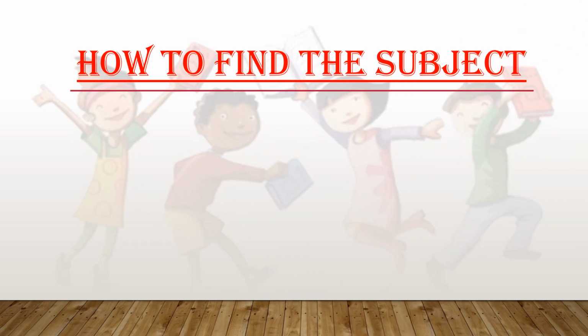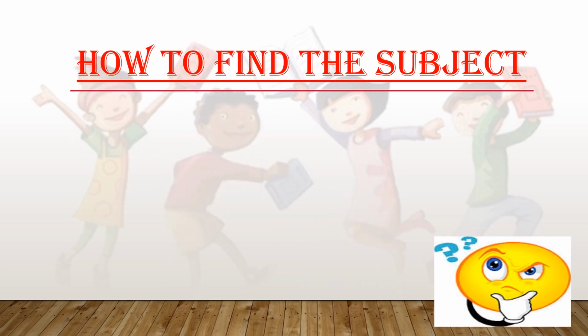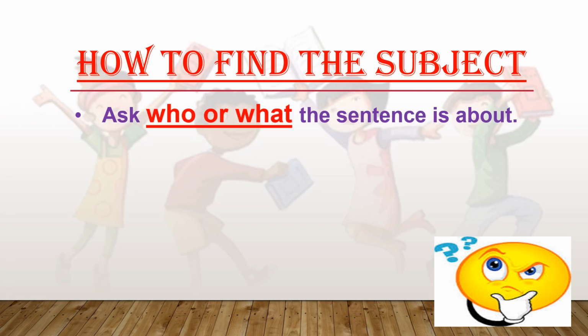Now, I'm sure you must be thinking how to find the subject. Don't worry, I'll give you some very simple tips and I'm sure you'll be able to find the subject. Just look at the sentence, read it and ask yourself who or what the sentence is talking about. And your answer is the subject.